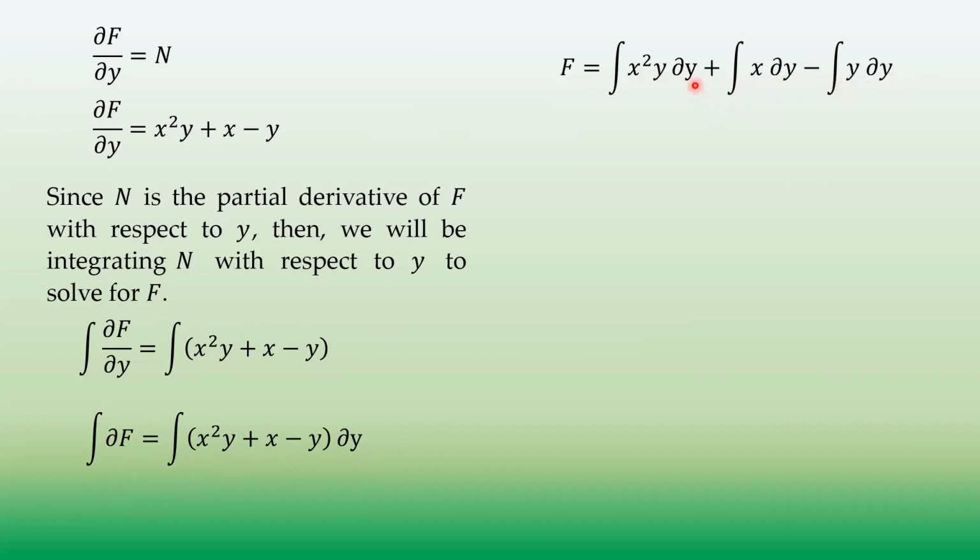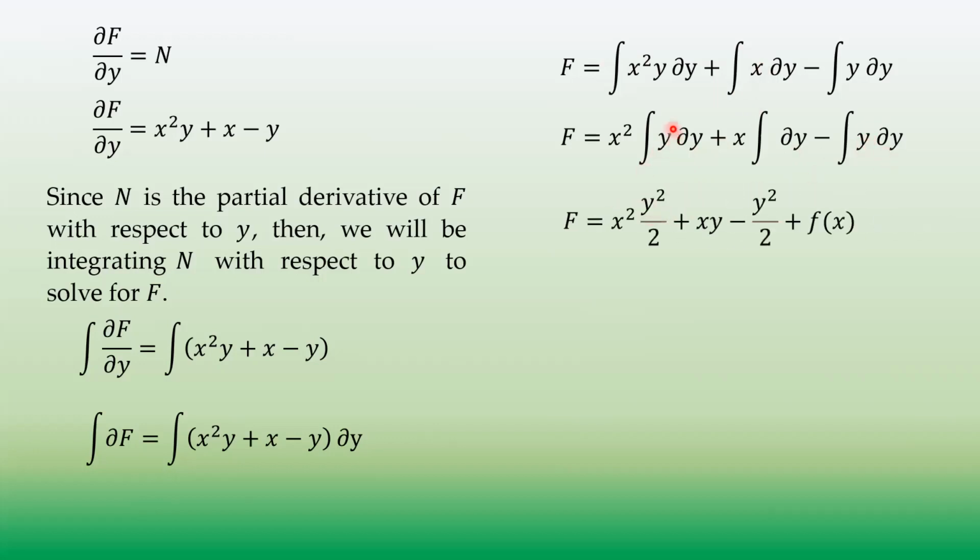Again, y ang ating variable dito, so labas muna si x squared. Yan ay constant. Ilabas si x squared, y, differential dy. Labas si x, differential dy. Ito ay variable, yung y. Integrate natin, again, applying formulas. So, ito ay y raised to 1 plus 1 over 1 plus 1. So, we have y squared over 2.